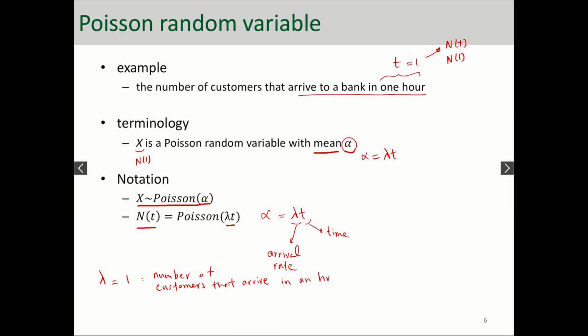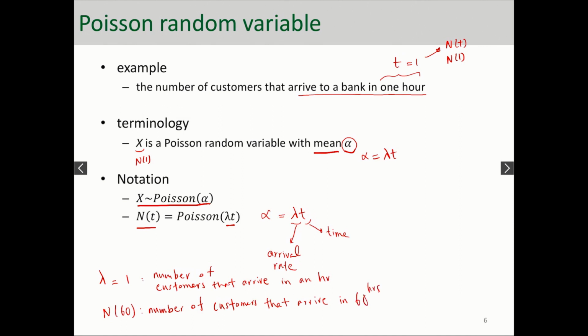So it's an hourly average rate of arrival, and your random variable is N60. So N60 here is your random variable. It is random. It's the number of customers that arrive in 60 hours.